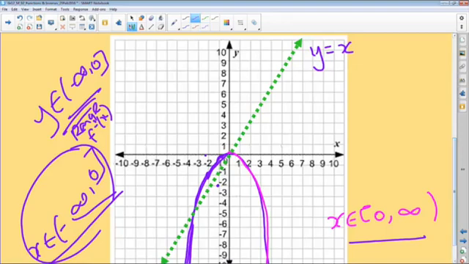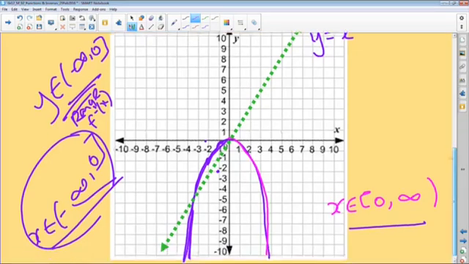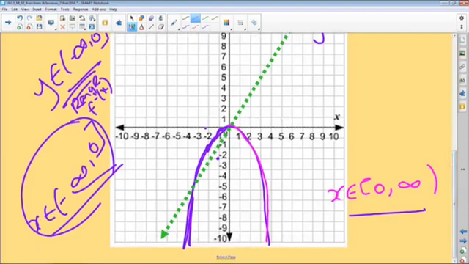So this is going to be a graph that looks like this. And I'm going to take off the side of the parabola we don't need because we're only restricting to the negative arm of the parabola. So that's that part. And we'll put our inverse in pink.